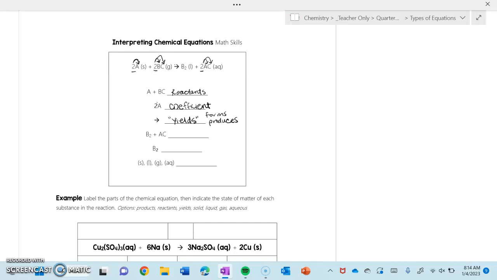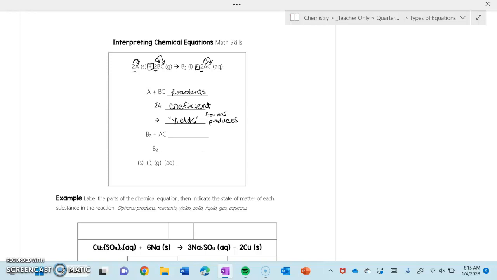And this is not one of the blanks, but these plus signs here are telling us that it's like "and," right? So you're mixing them together and they are produced together. So on the reactant side, when you see that "and," you're saying, we're mixing these two things together to react.